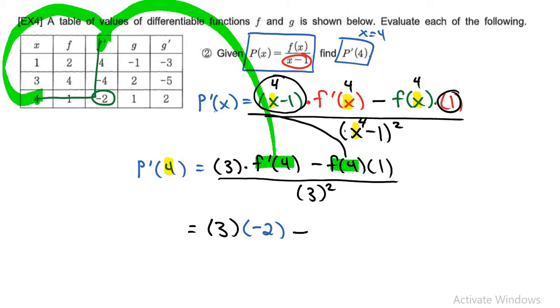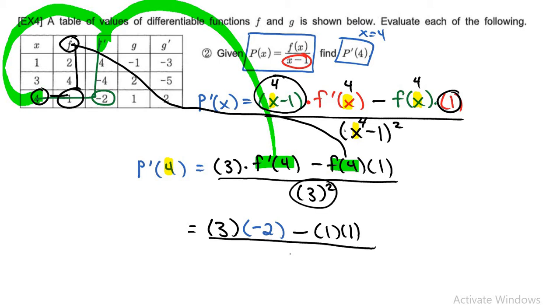F of 4 is over here, that's f, and here's 4. So f of 4, if I follow the intersection here, that's going to be 1. So that will be 1 times 1 all over, now 3 squared is just 9. And now we just evaluate this. This will be negative 6 minus 1 over 9, which equals negative 7 over 9 as a final answer.